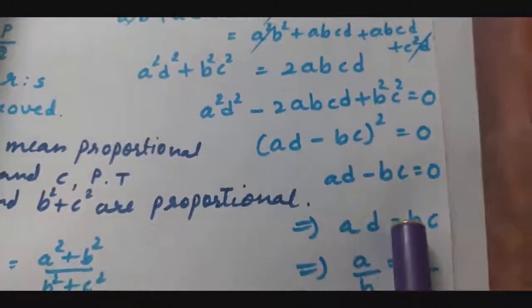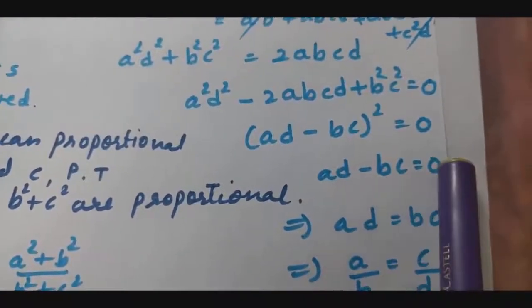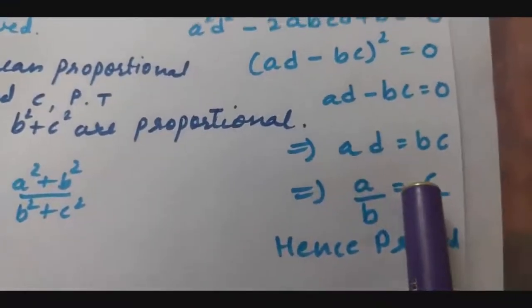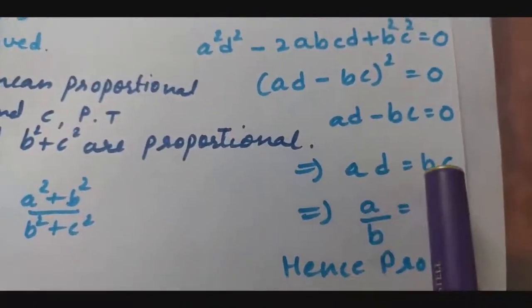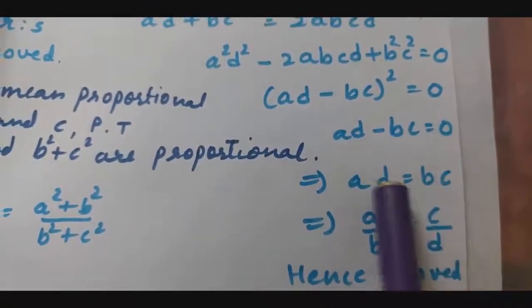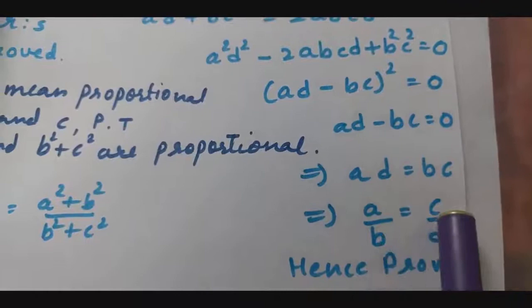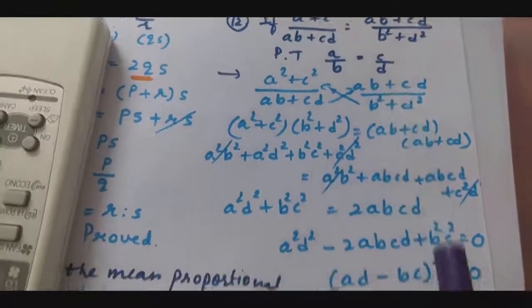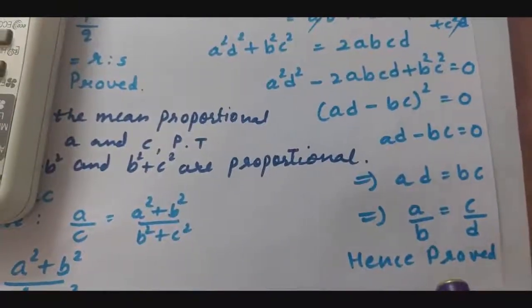So AD is equal to BC. Now taking this BC on the right side, we take AD is equal to BC. Again taking crossway A upon B and C upon D, so that we get what you want to prove, A upon B is equal to C upon D. Hence our proof is completed.